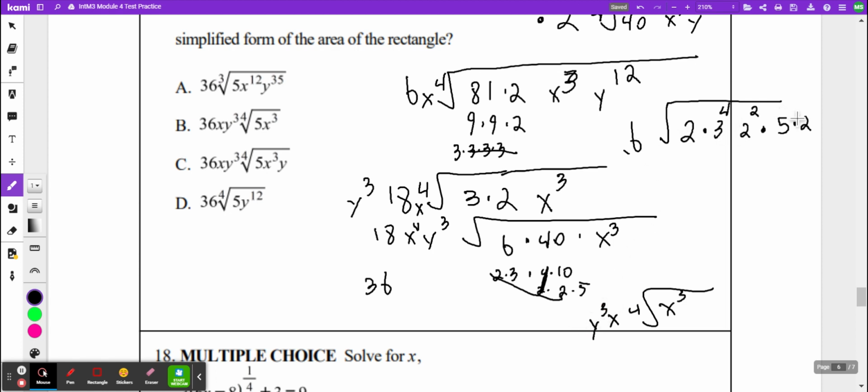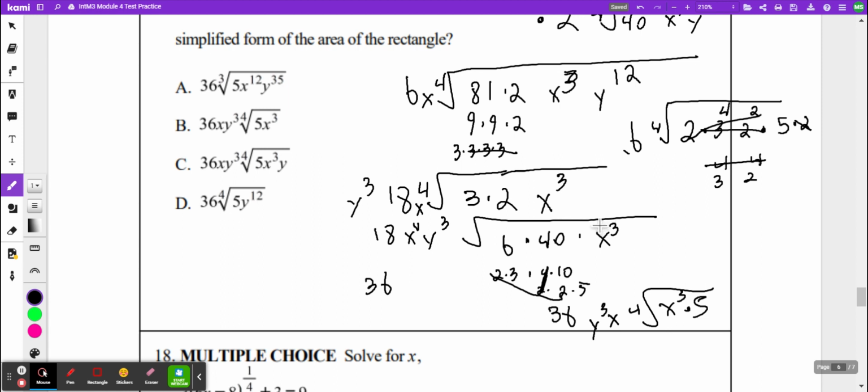I have 4 2's inside, so 2 to the fourth and 3 to the fourth. This fourth root is going to get rid of those and bring this out. So then 6 times 6, that'll be 3 times 2 times 6 right here, that'll be 36. But if I pull them out, I'm left with 5 multiplied by 5, which is right here.